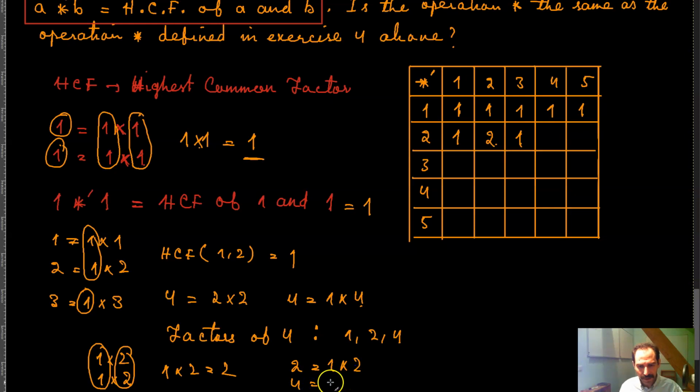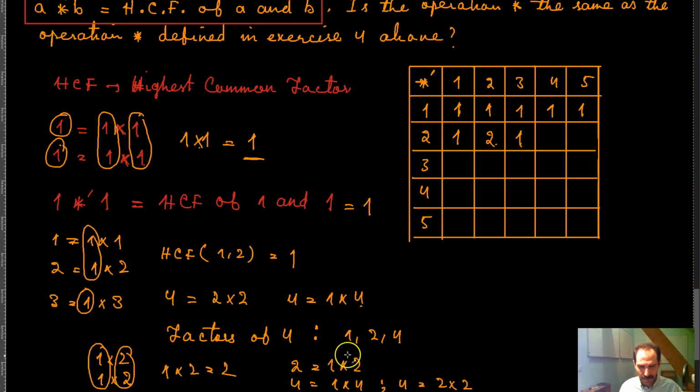2 and 4 is basically only 2, I suppose, because 2 is the same thing as 1 times 2, and 4 is the same thing as 1 times 4, and also 4 is the same thing as 2 times 2. So the factors of 4 are basically 1, 2, and 4.